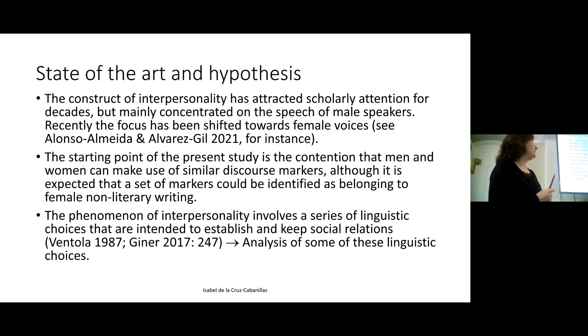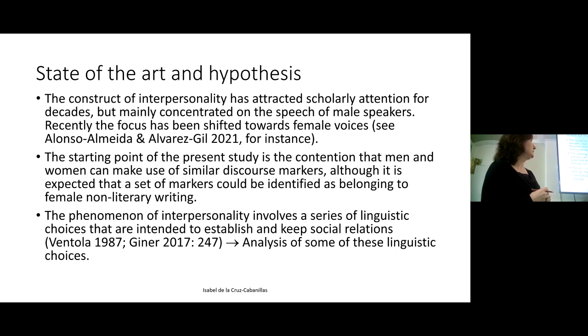The construct of interpersonality has been dealt with by different authors, and they mainly concentrate on male speakers or male speeches. And recently the focus has been shifted towards female voices.